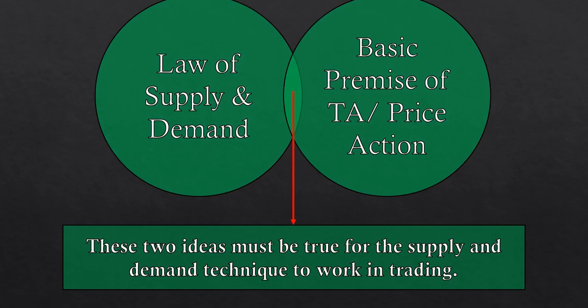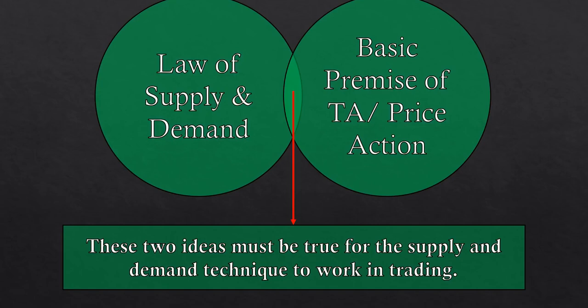There is no question about the validity of the law of supply and demand, as it is widely used by economists to analyze all sorts of situations that happen in the economy. However, there is some debate about the basic premise of technical analysis and price action reading, as we'll see later in the course.